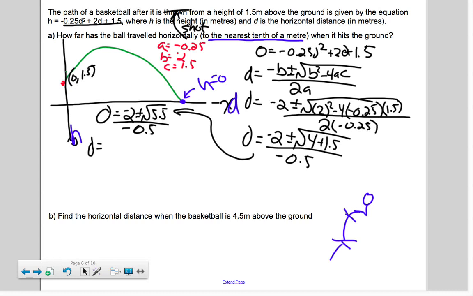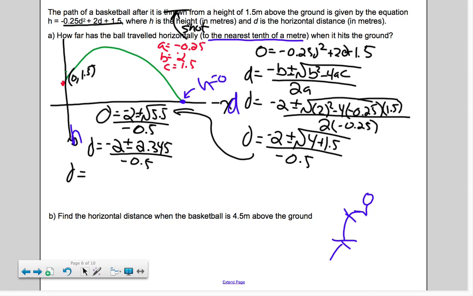It's actually 3 significant digits is 2 decimals actually. Anyways, leave it to 3 decimals. So minus 2 plus or minus 2.345, seriously? Yeah. Wow. Negative 0.5. So one value, D is equal to negative 2 plus 2.345.